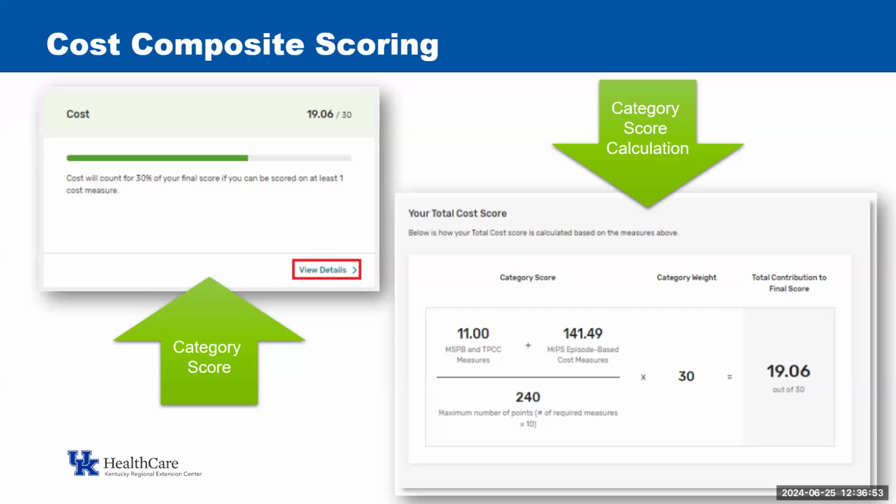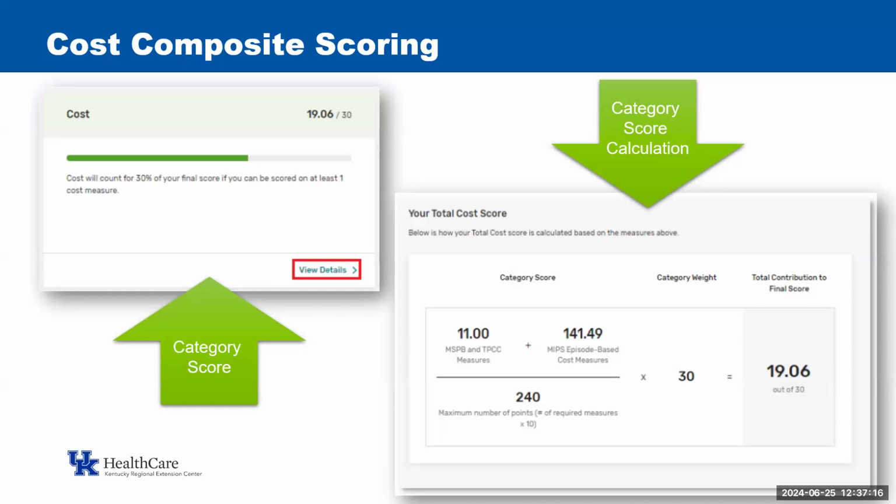All of the cost category measures are eligible for 10 points. That's the most you could get per measure. In this case, that practice got 11 out of 20. Now, we can't tell from here if they got measured on both Medicare spending and total per capita, but I feel like they did by the way the score is laid out here.